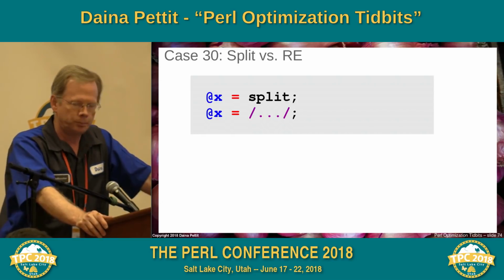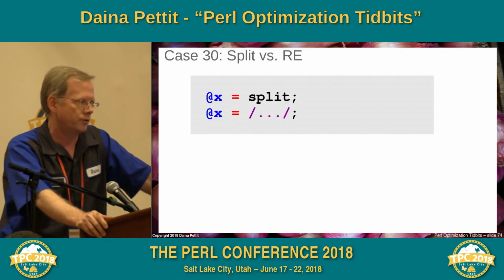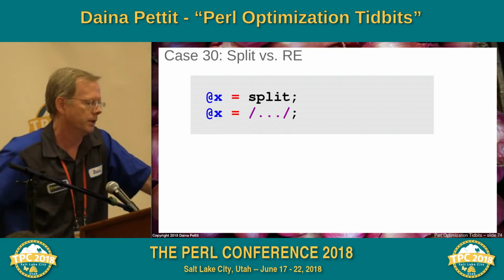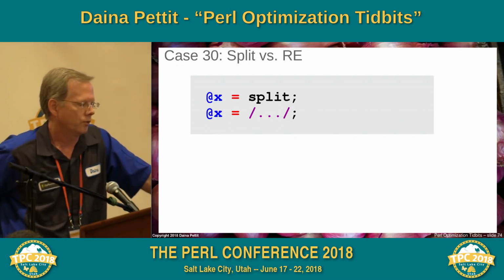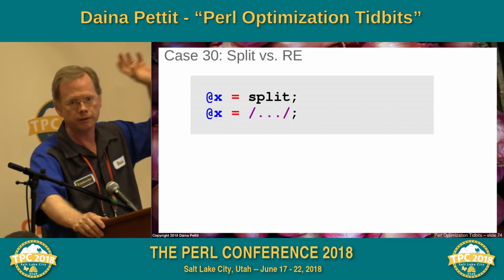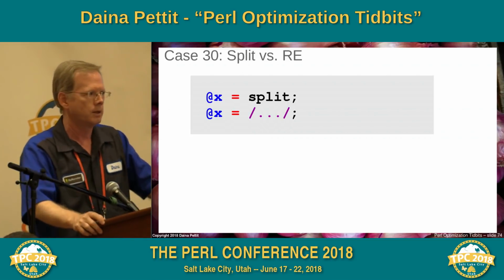Let's look at doing a split versus a regular expression. There are a lot of variables here, because if your regular expression gets complicated, it's probably going to hit both the split and your regular expression by itself. I'm not showing a particular regular expression here; you have to do captures in there and all that sort of thing.